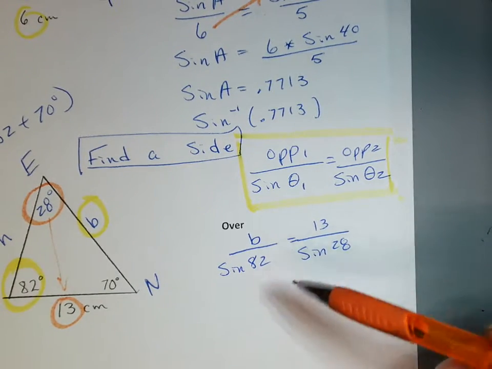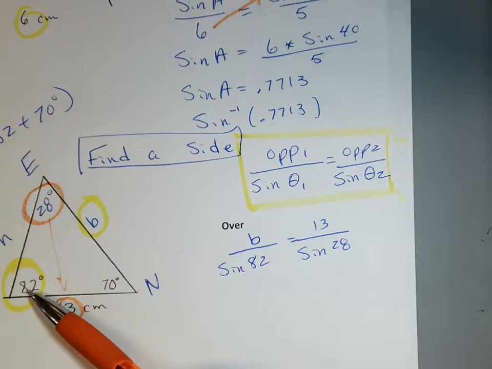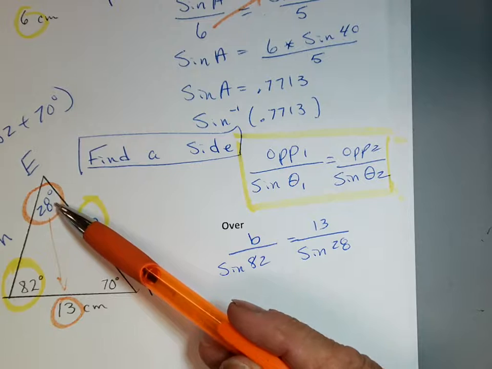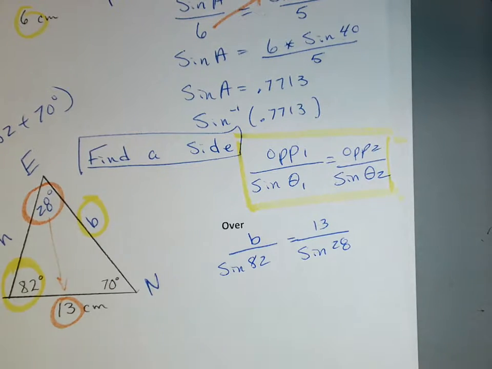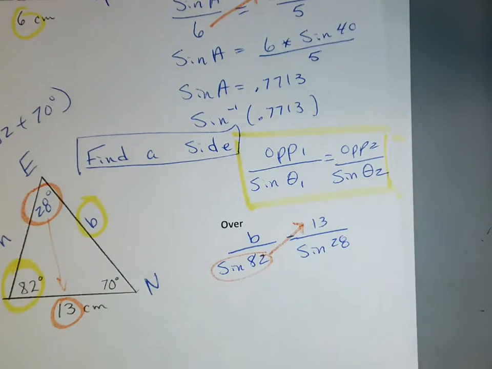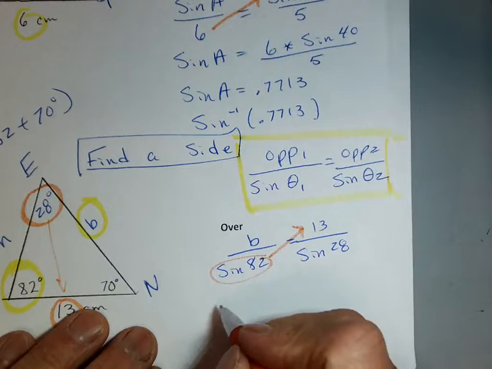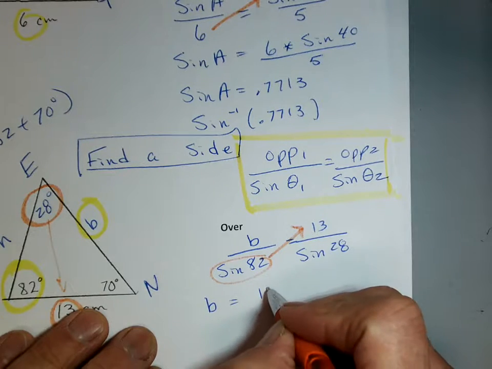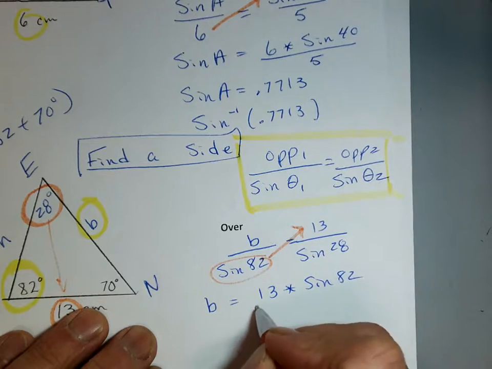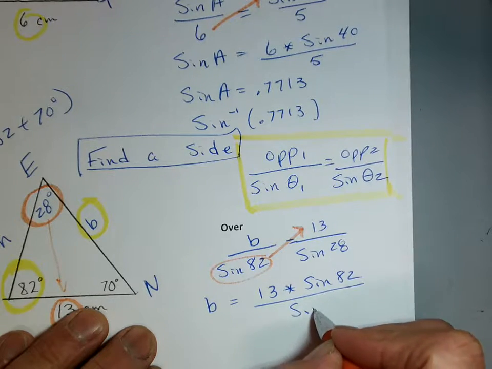We've got the side over the sine of its opposite angle. I have the side over the sine of its opposite angle, right? So now if I want to solve, I'm just going to multiply up the sine of 82, and I'll rewrite that as b is equal to 13 times the sine of 82 divided by the sine of 28, okay?